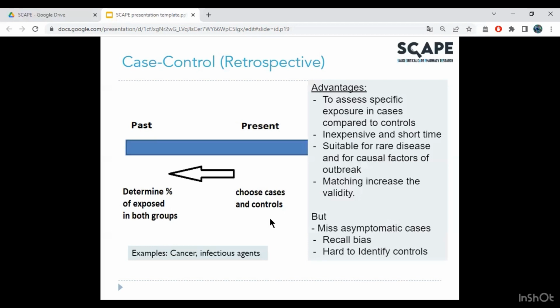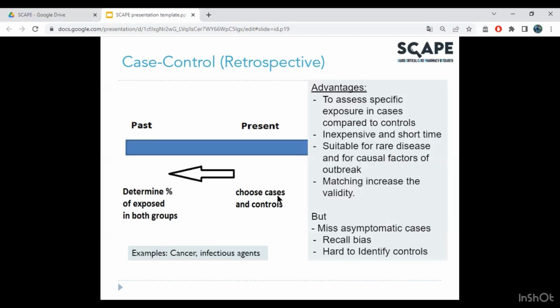Case control also has recall bias, because if you ask the patient about past events, they may overestimate or underestimate their exposure. In the cases, because they know they have the disease, they may overestimate the exposure.